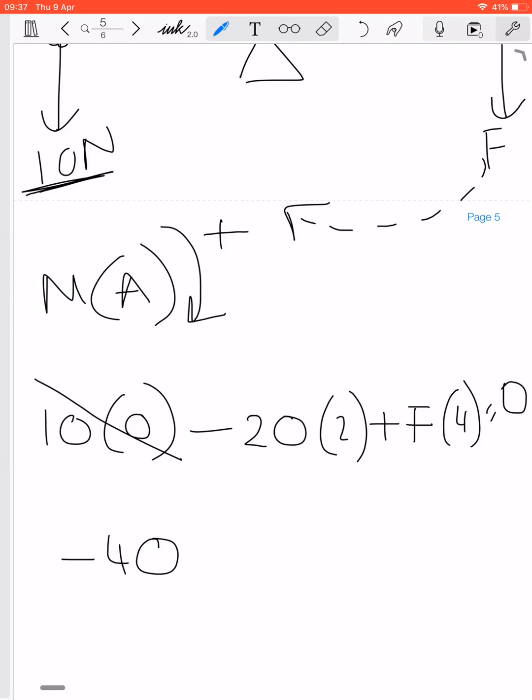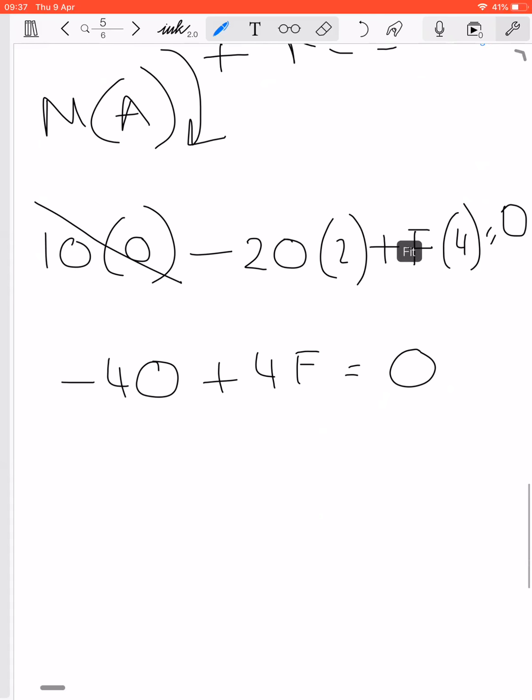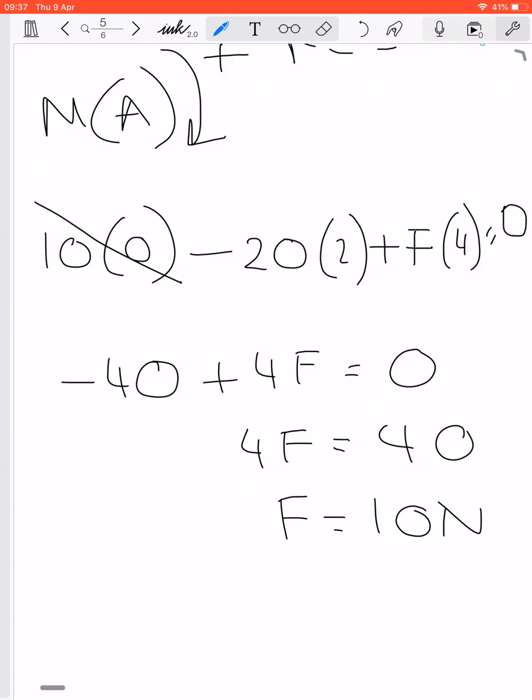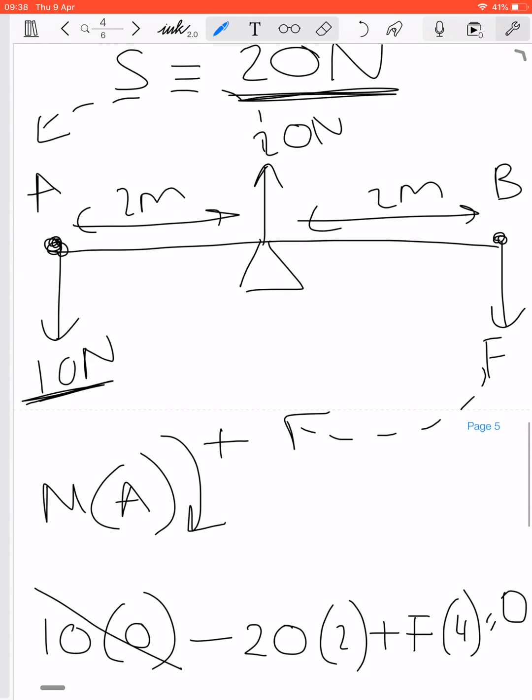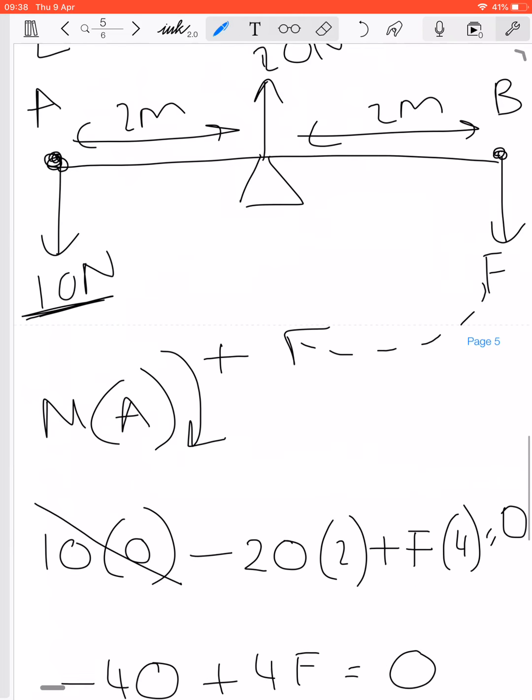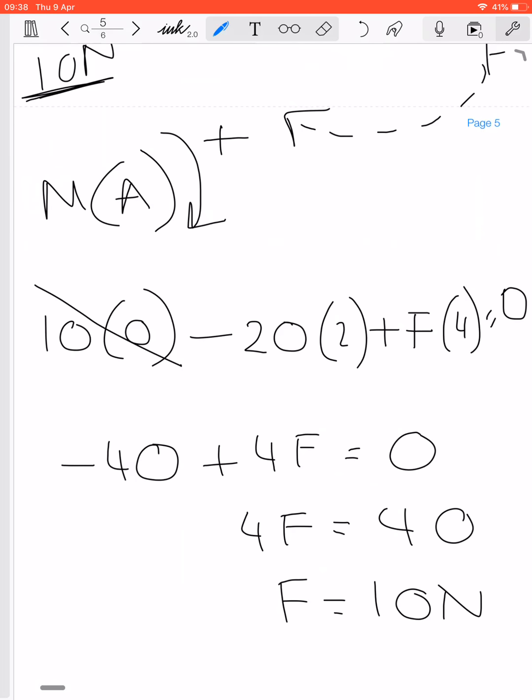Plus F times 4, so plus 4F, equals 0. Rearrange, so you've got 4F equals 40. Divide, F equals 10 newtons. Exactly the same answer as when we took moments from the middle. So you can see that we can take moments from any point, as long as you take into account your anti-clockwise and your clockwise motion.